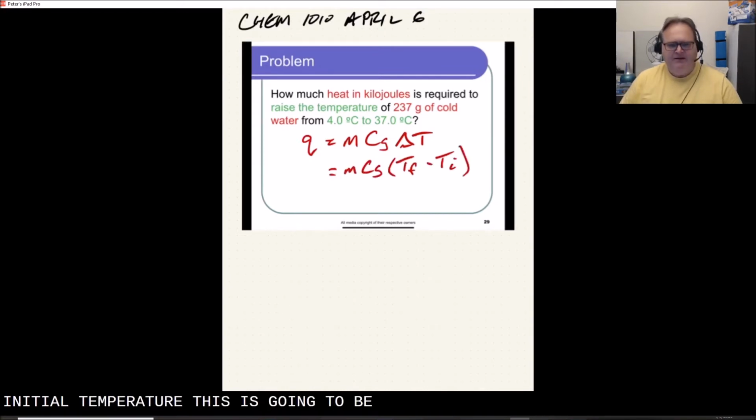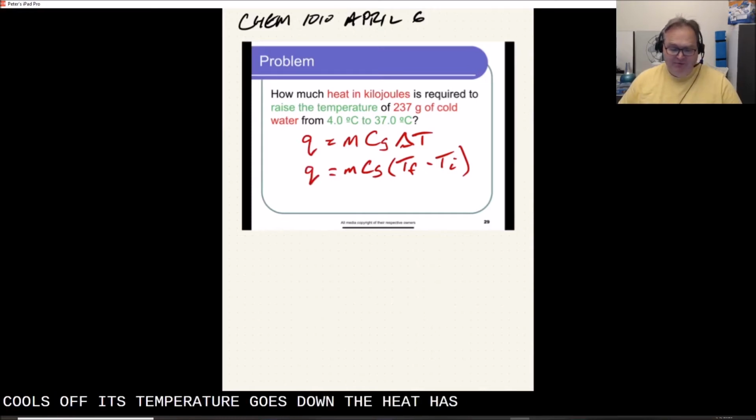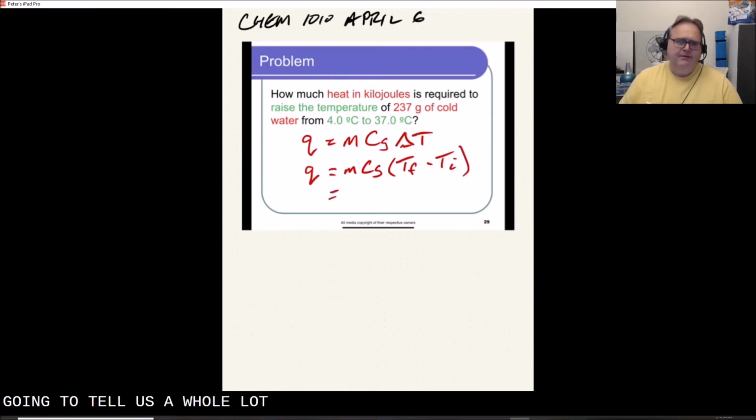This is going to be very important in terms of signs in thermochemistry problem solving, because when you raise the temperature of something, you've put heat into it, and when something cools off, its temperature goes down, the heat has been removed. And so that's going to tell us a whole lot about the signs of things.